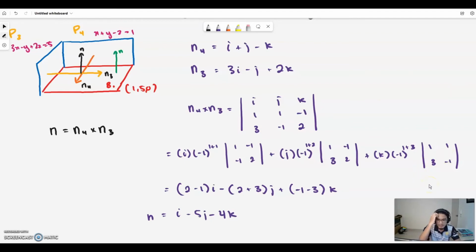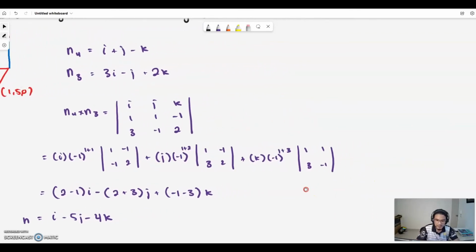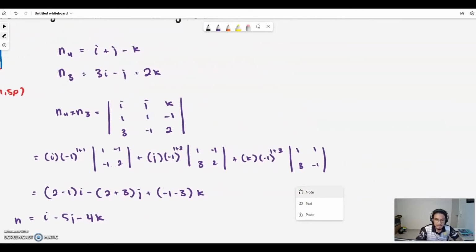Okay, so now we already have the point B and we have the vector n, and then we substitute that into the equation of a plane. From r dot n equal to a dot n, we expand r as xi plus yj plus zk, dot n.